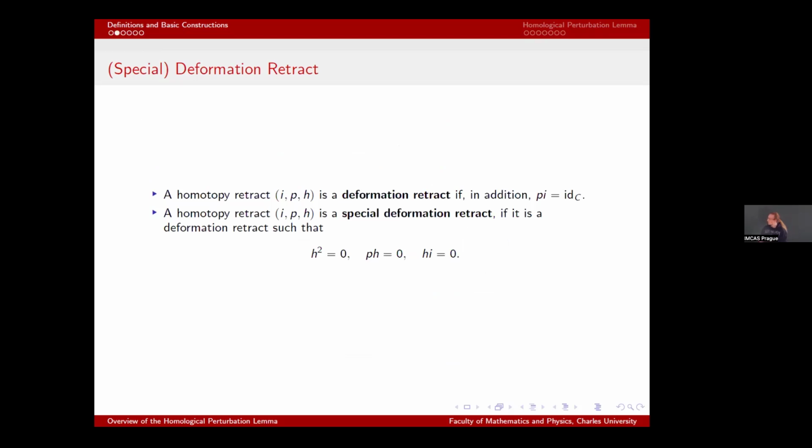So some special cases of homotopy retracts are deformation retracts, which are homotopy retracts with the additional property that the composition PI is the identity on the chain complex C. And even more special, we call that a special deformation retract, and that is a deformation retract which also satisfies these three properties. So in particular, the map P vanishes on the image of H, and H vanishes on the image of the map I.